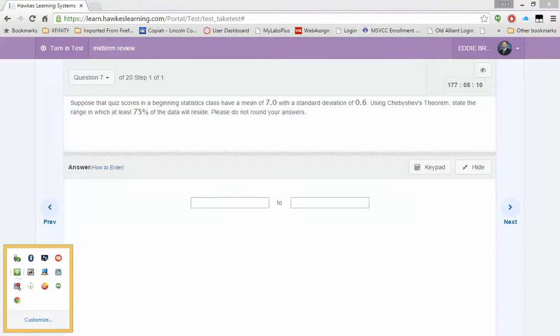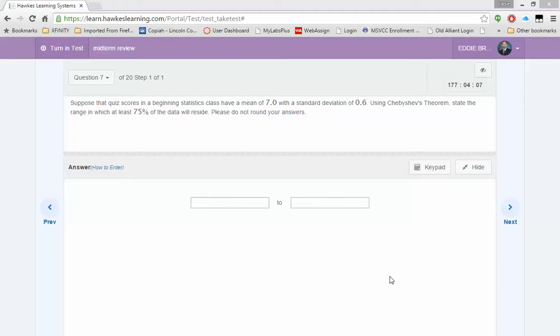Alright, so we've got to know what that theorem states. In your ebook, if you look on page 150, you'll see Chebyshev's theorem, and at first it seems a little confusing, but it's really not too bad.